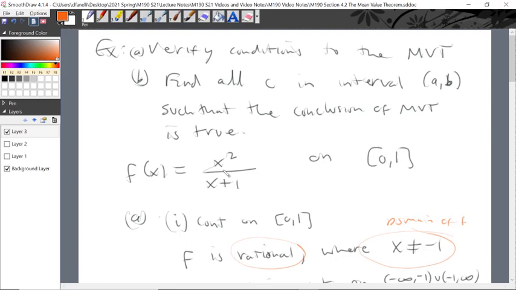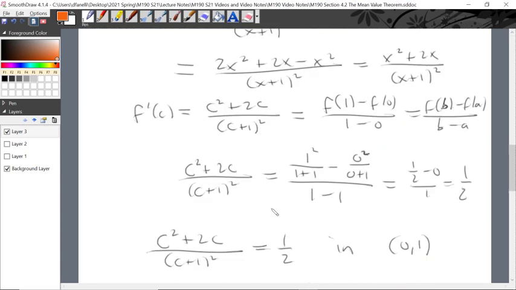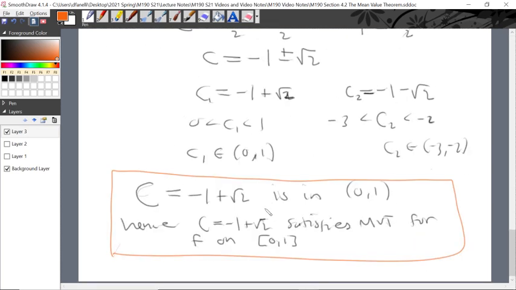So the average rate of change of this function over the interval 0 to 1 is the same as the instantaneous rate of change of this function at the point where the input is -1 plus root 2. So you can interpret it in terms of instantaneous and average rate of change.